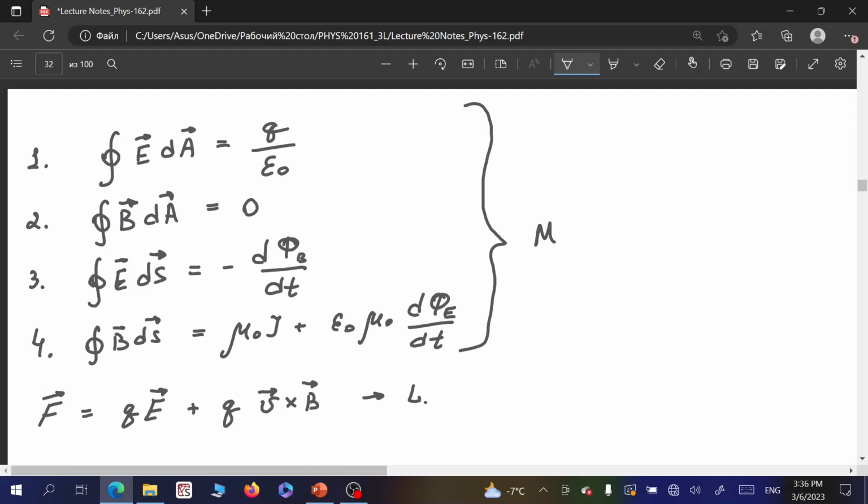which is not matching with the previous result when we got mu naught times I. In order to fix this problem, an additional component was added to Ampere's law, which is displacement current, represented as epsilon naught times the rate of change of electric field flux over time.